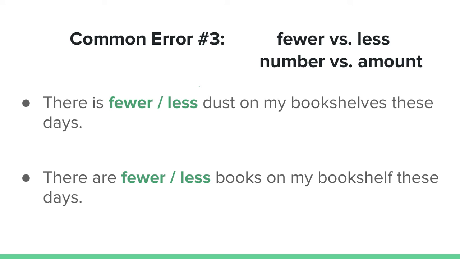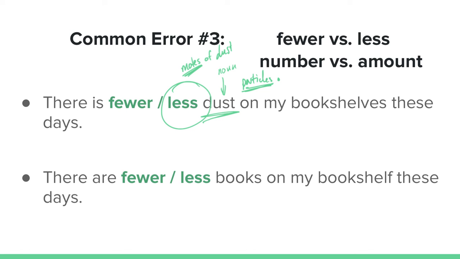No, so that should be less because it's not countable. If we change the noun, like motes of dust, you can count motes, or particles of dust. You change the noun to something countable, then we would use fewer. There are fewer particles of dust on my bookshelves these days. But since dust is the noun, it's not countable, so it's less.